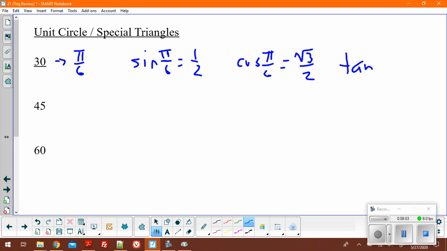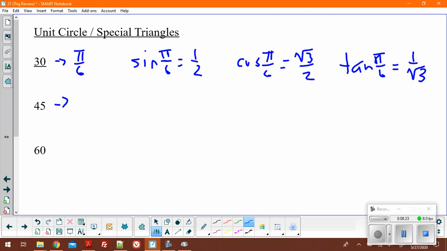To get tan of the same thing, we'd just be doing sine over cos. So you'd have 1 over 2 over root 3 over 2, the 2's would cancel, and the tan would be 1 over root 3. So for these special numbers, it's about knowing what the exact values are.